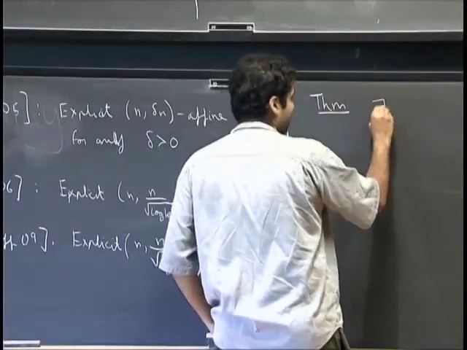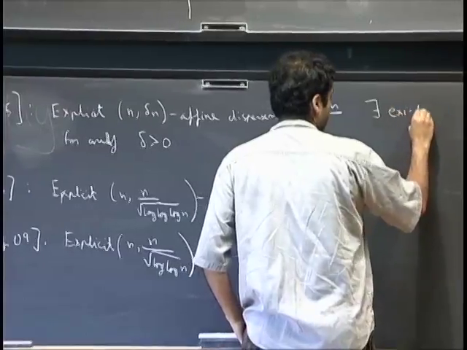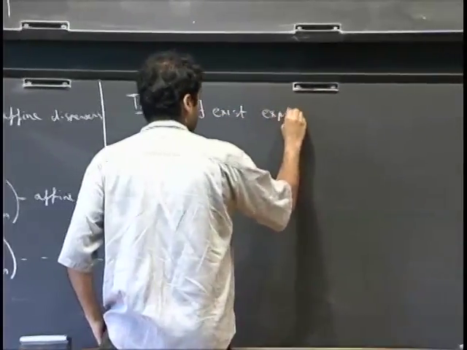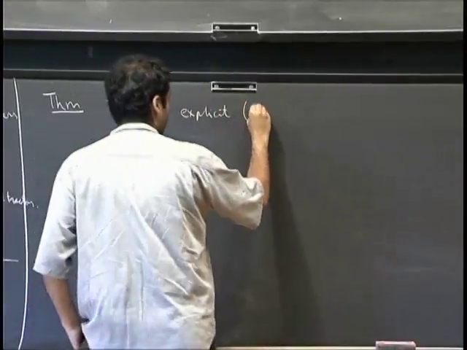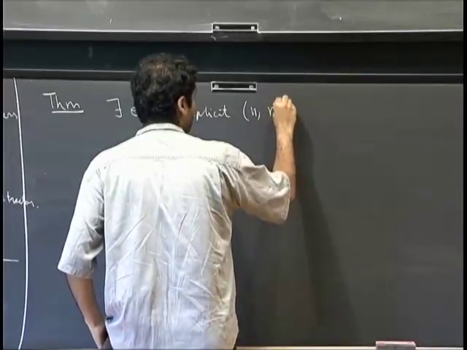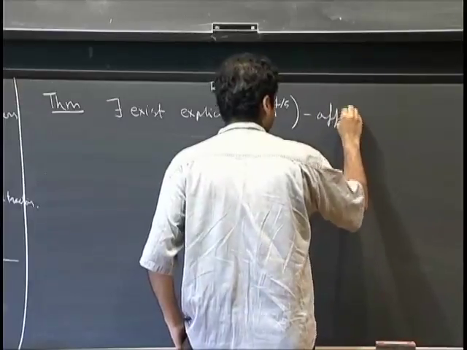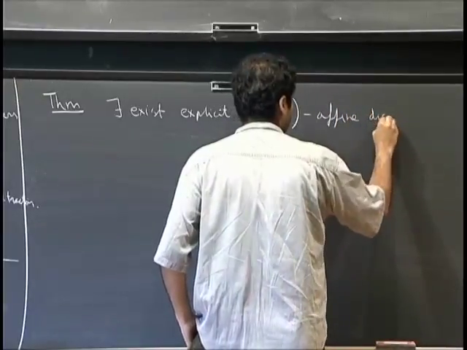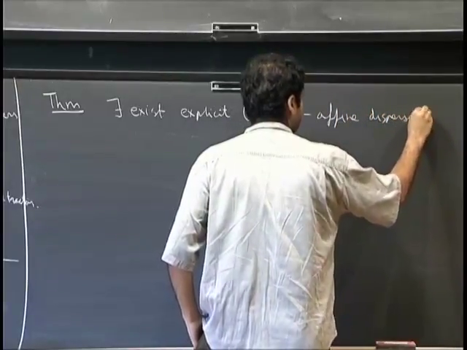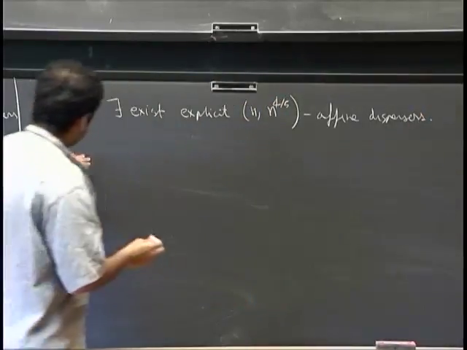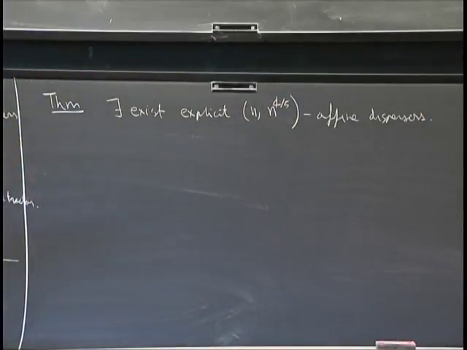So, there exists explicit n to the 4/5 affine dispersers. And let me just tell you what this explicit n to the 4/5 affine disperser is, and then the rest of the talk will just be the analysis of this disperser, and we'll see lots of things along the way.